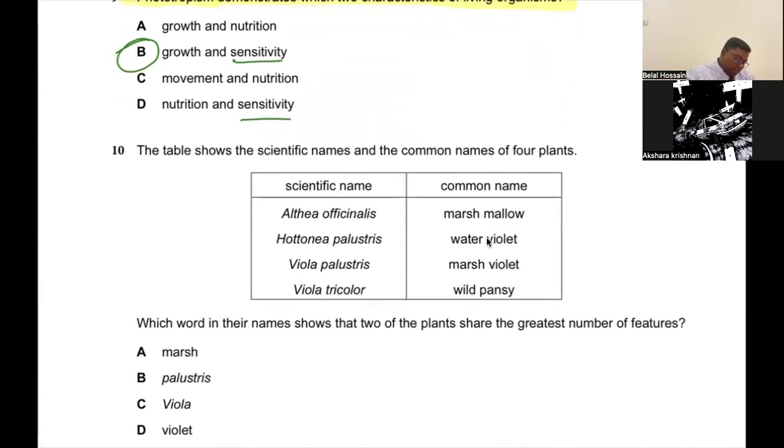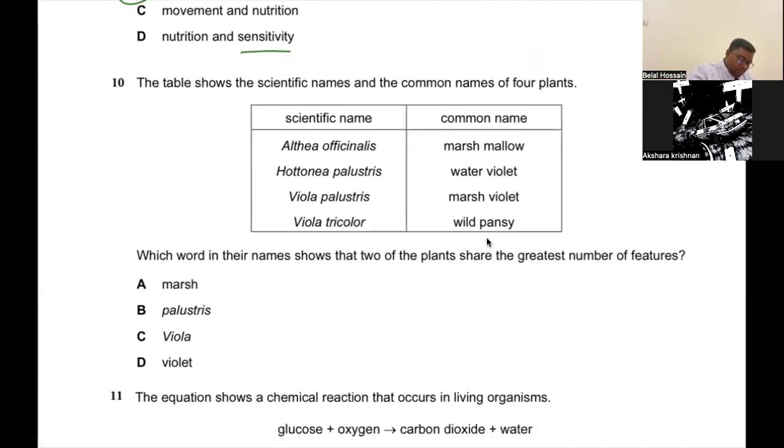You try now number 10. The table shows scientific names and common names of 4 plants. Which word in their names shows that 2 of the plants share the greatest number of features? Marsh?